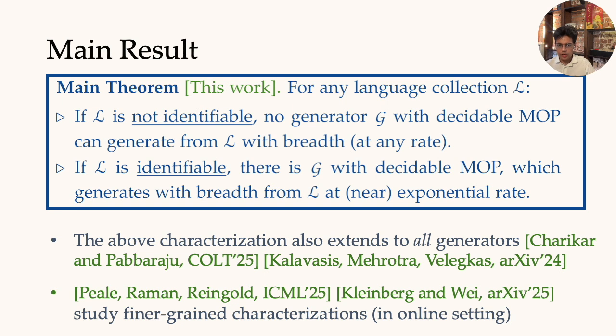It is possible to study more fine-grained notions of breadth, and this has been done by subsequent work in ICML by Peale, Raman, Reingold, and also by Jon Kleinberg and Fan Wei, where they look at the online setting and look at certain more fine-grained notions.